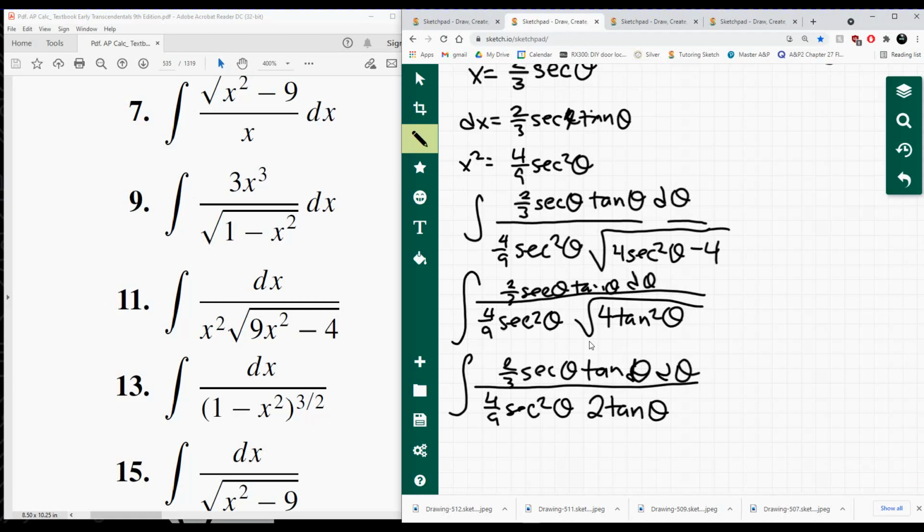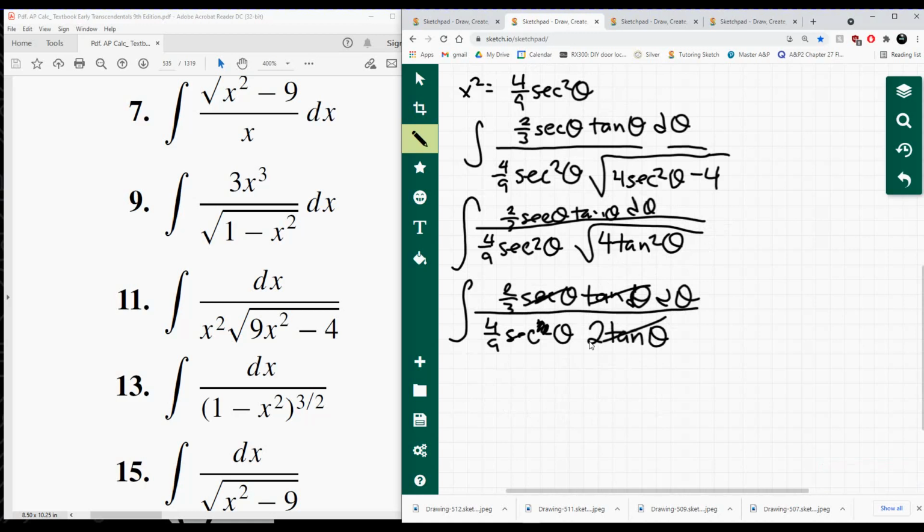In the integral, the tangents cancel out. So one of the secants will cancel out with one of the secants, so I'm only going to get rid of that squared. And so what we see is that we have 2/3 in the numerator. We're dividing by 4/9 and 2. So this is 2/3 divided by 8/9.